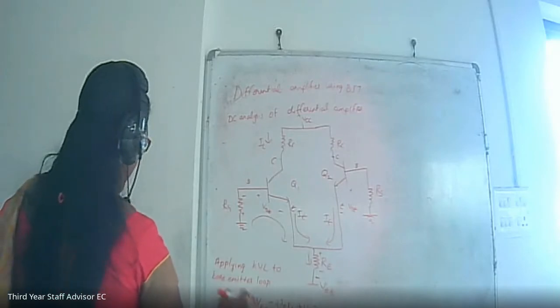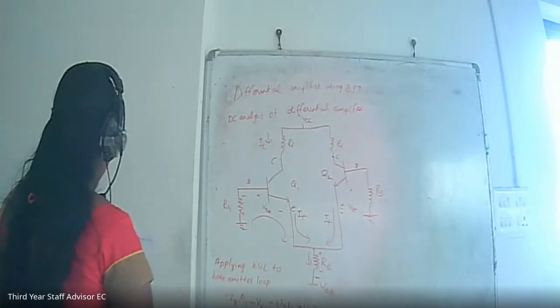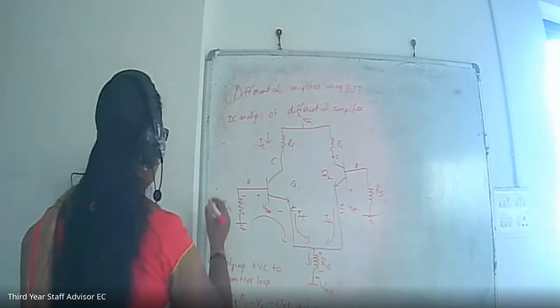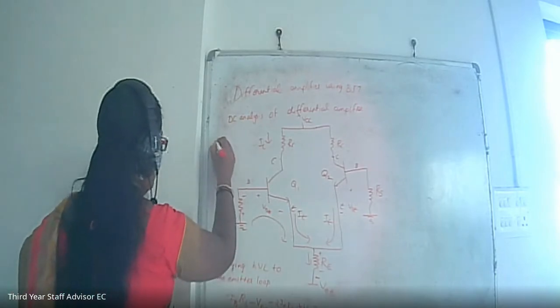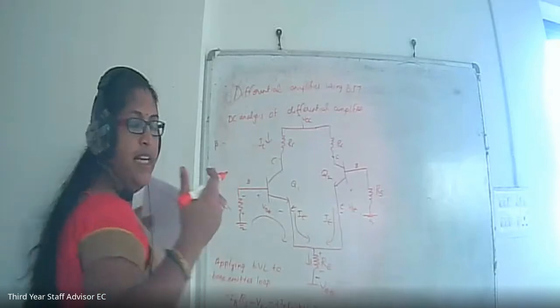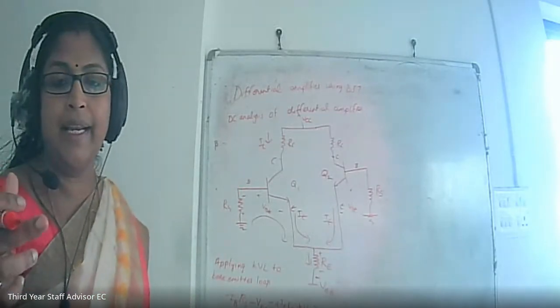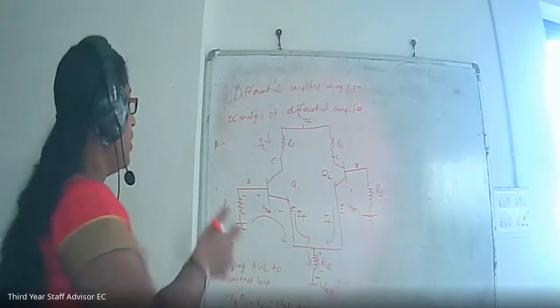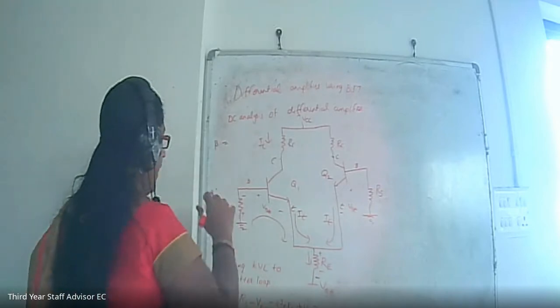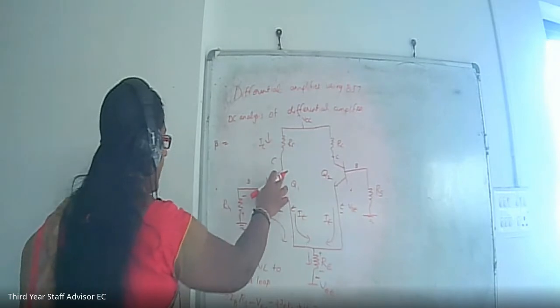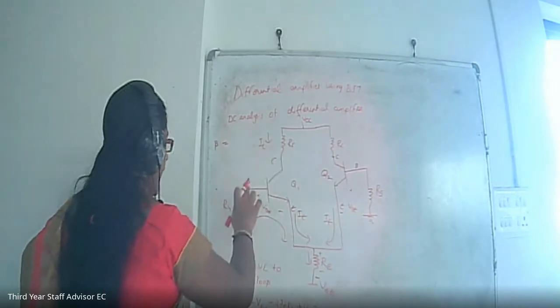In this, we have to replace this IB. So we know what beta is. I have taken the initial condition that beta is very much greater than 1, that is, current gain is more than unity. Beta is equal to the current gain, which is output current by input current.